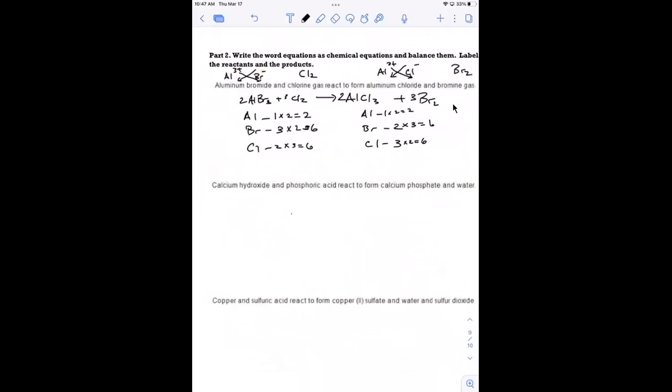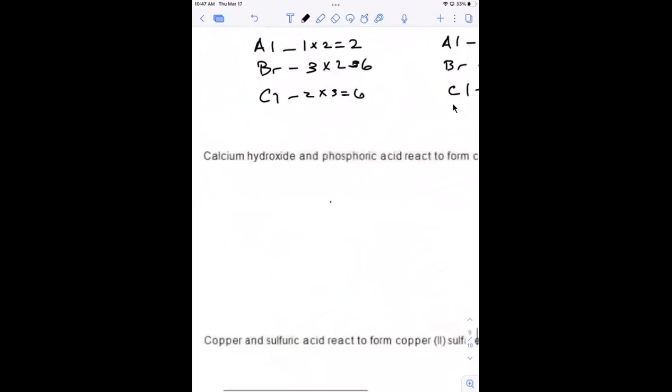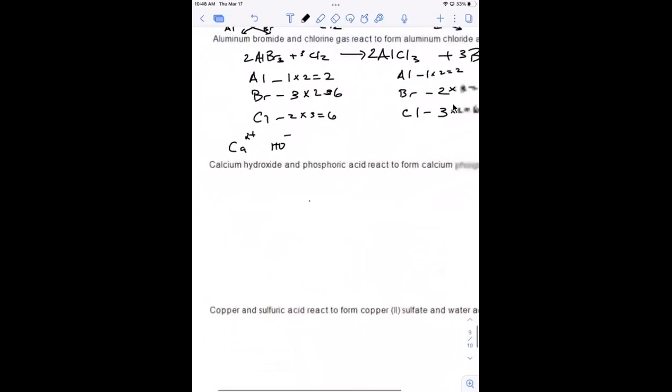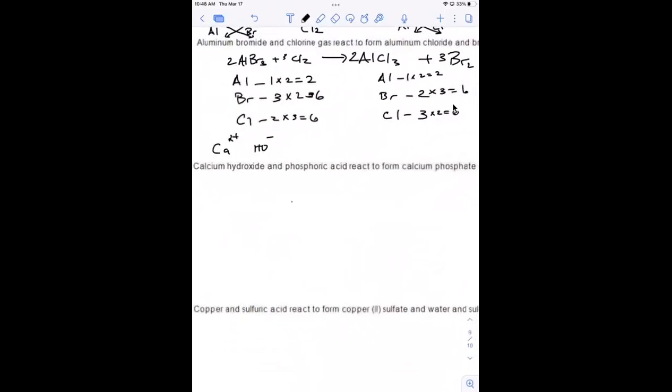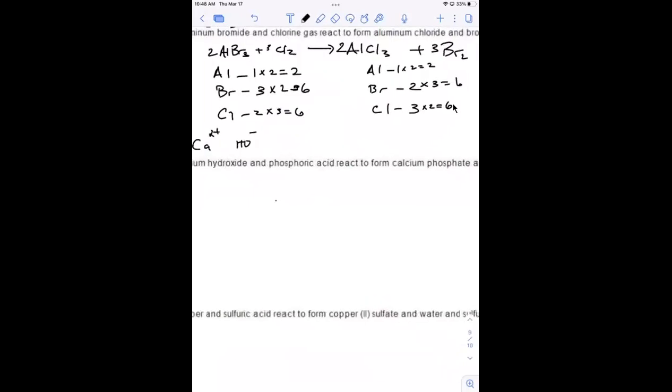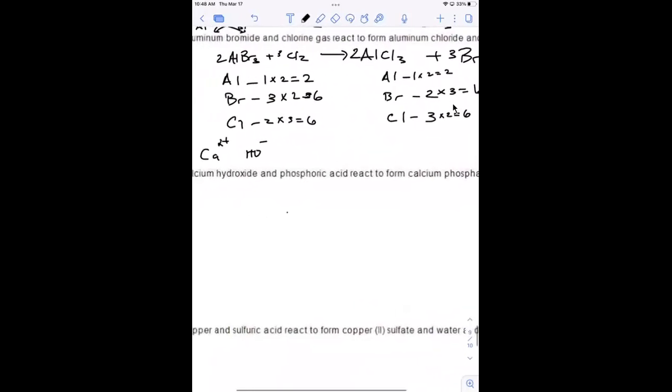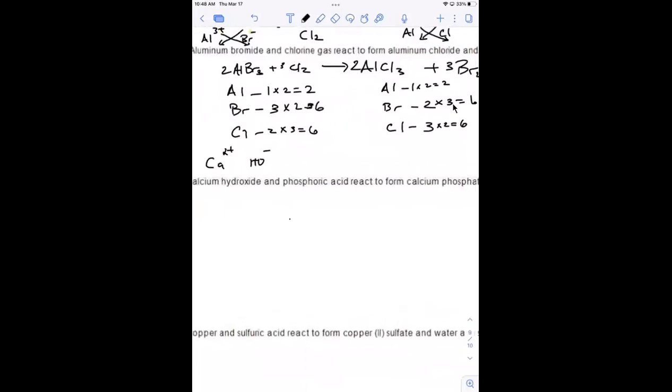We got to stop. So calcium hydroxide. Calcium is in group 2. Hydroxide looks like this. Right, and that's a -1. It's a polyatomic and it has -1 charge. And then it's reacting with phosphoric acid, which we saw up front.